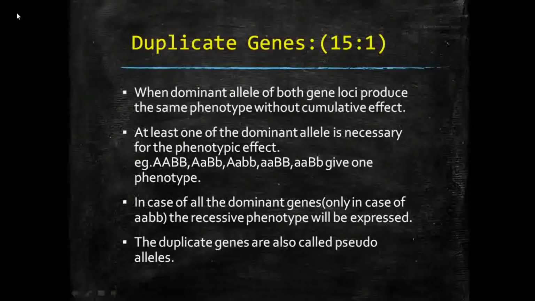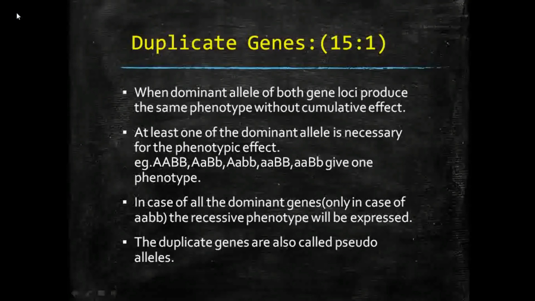So it means that in the presence of either one or both, if they are present in that chromosome, then they will definitely show the same phenotypic effect. They are independent of each other, and do not depend on the other gene for expressing themselves. This is the basic concept of duplicate genes.